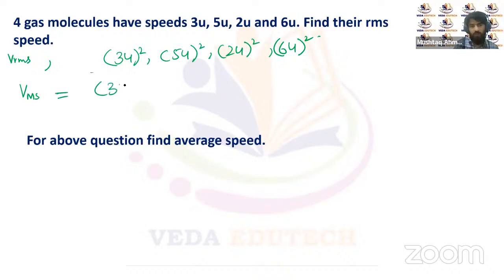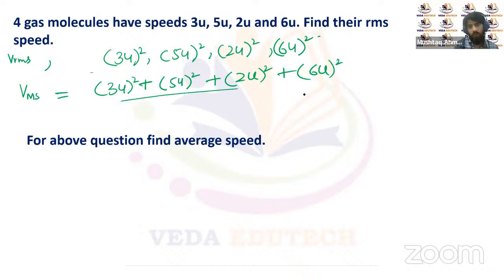That will be 3u whole square plus 5u whole square plus 2u whole square plus 6u whole square, divided by 4. That will be equal to 9u square plus 25u square plus 4u square plus 36u square, upon 4.